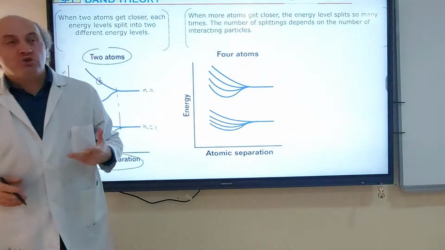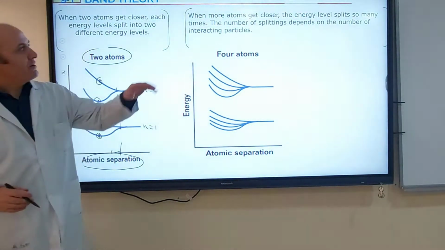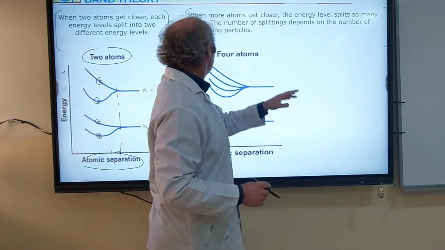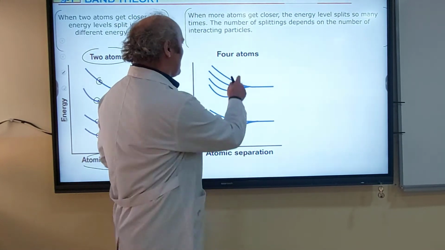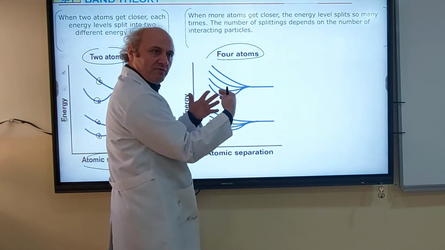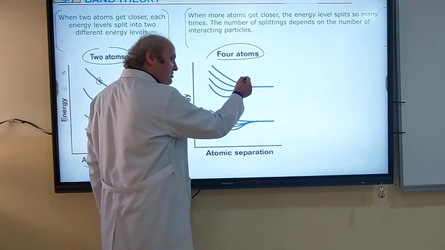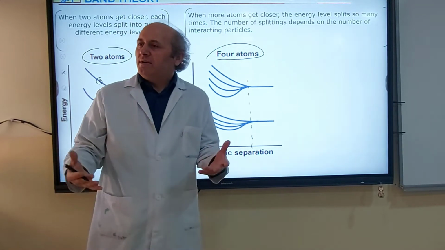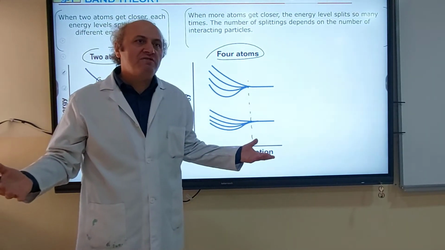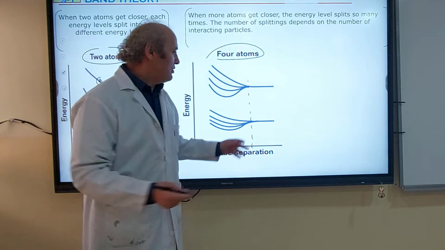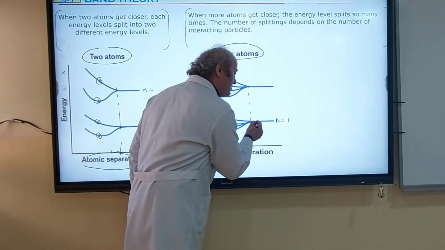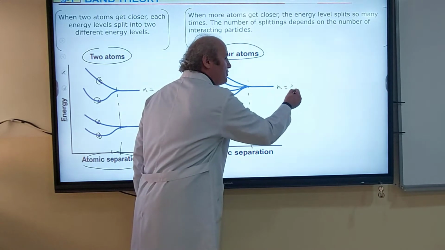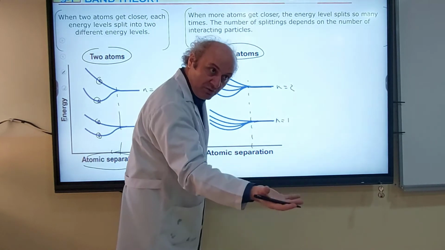What if we bring 4 atoms together? When more atoms get closer, the energy level splits many more times. For example, we make 4 atoms closer. Until a certain distance, each atom has the same energy level because they are far from each other. So n equal to 1 for atom 1, atom 2, atom 3, atom 4. n equal to 2 for atom 1, atom 2, atom 3, and so on, the same type of atoms.